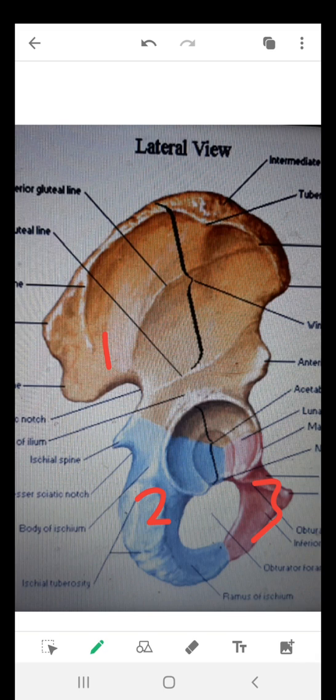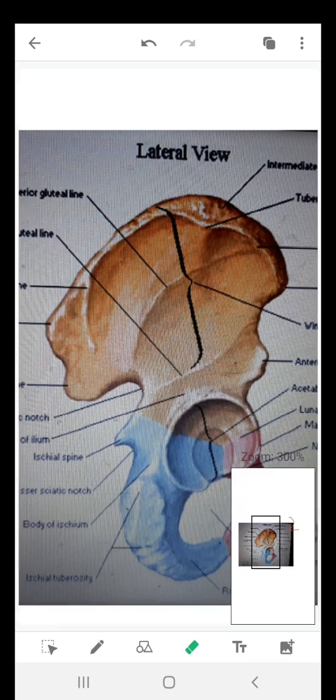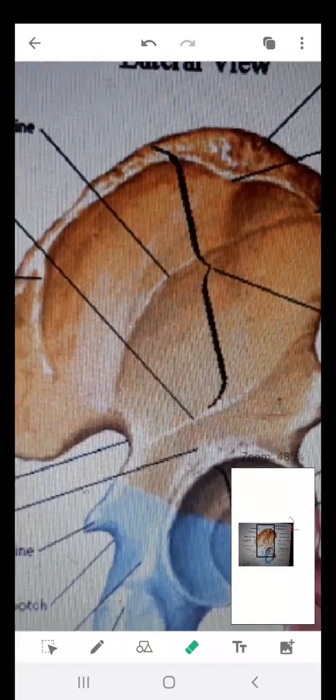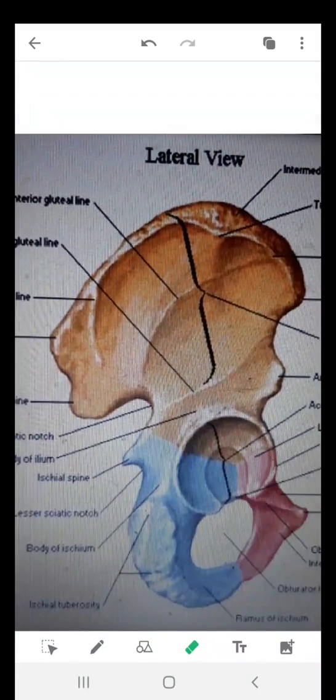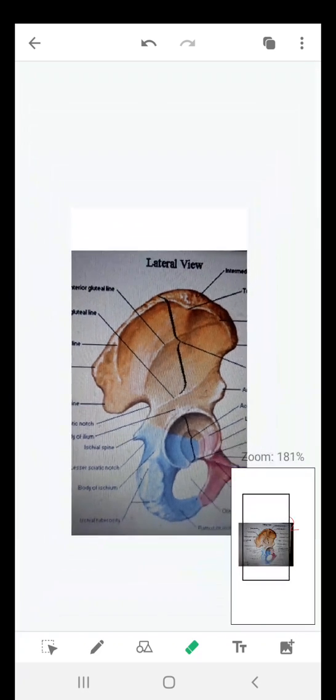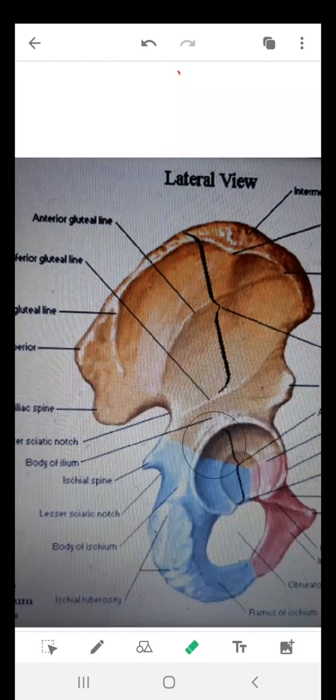Since the ilium, bone number one, is located superiorly and looks to be bigger, we call it the elder sister. That means we are going to be isolating this particular bone, this particular area. Now let's pick part of this bone here.